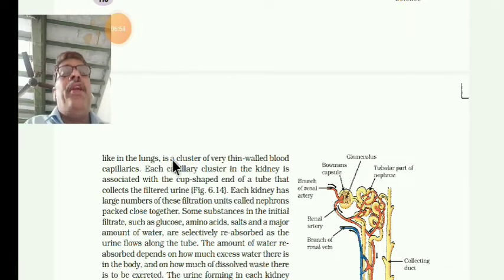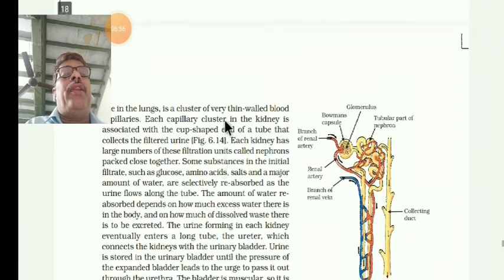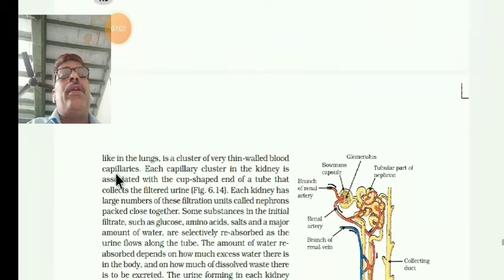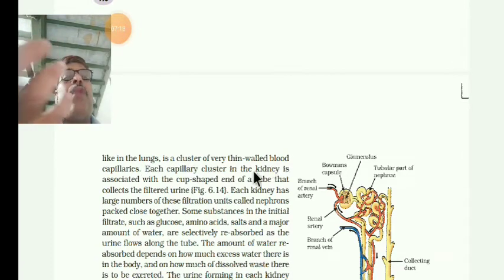So here is a cluster of very thin walled blood capillaries. Cluster means a group of very thin walled blood capillaries. You know that in the lungs, alveoli are surrounded by blood capillaries. In a similar manner here, blood capillaries will be there.